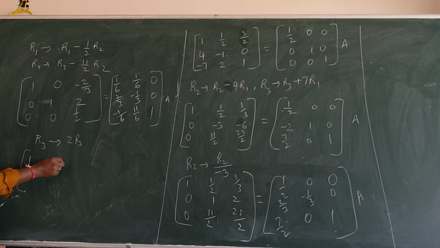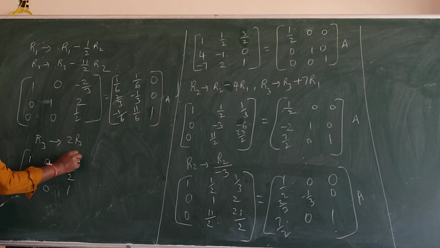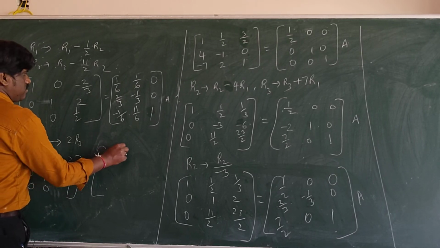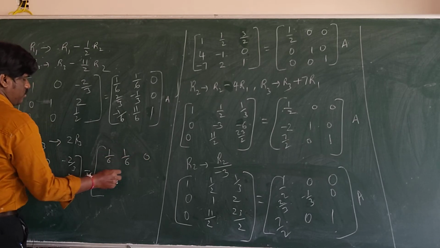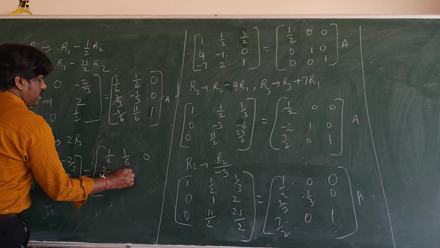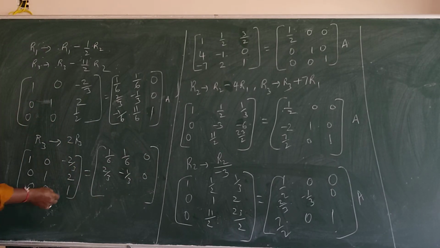So what I get here? 1 0 minus 2 by 3, 0 1 2, 0 0 1 is equal to 1 by 6, 1 by 6, 0, 2 by 3 minus 1 by 3 0, and multiplying by 2.